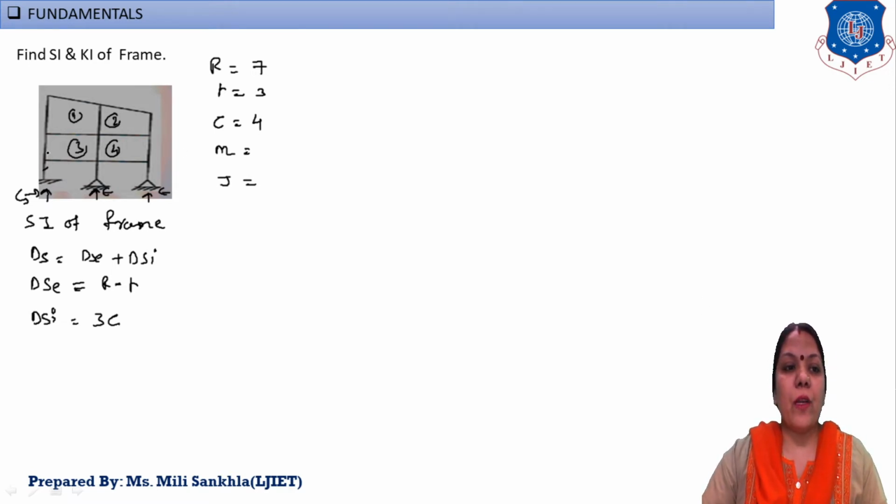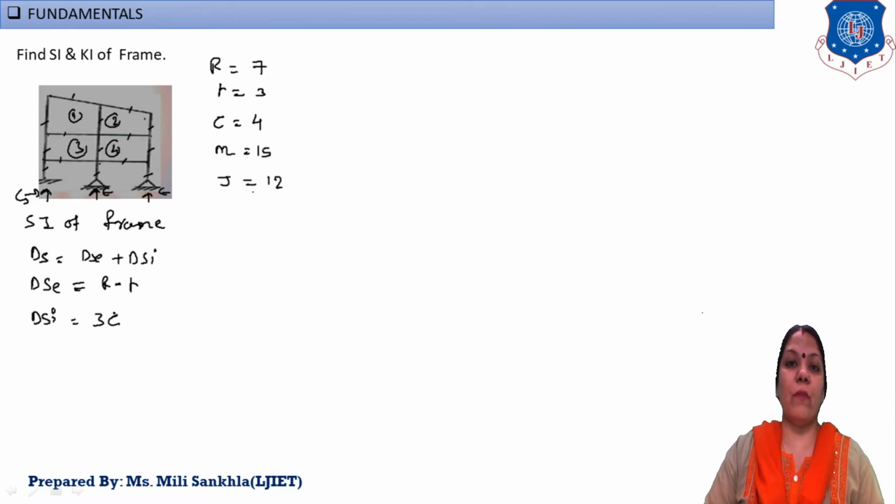M is equal to 15. This frame has 15 members. Now J for joint. In this frame 12 joints are given.